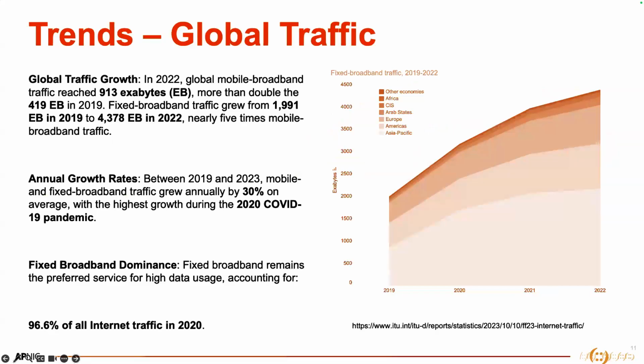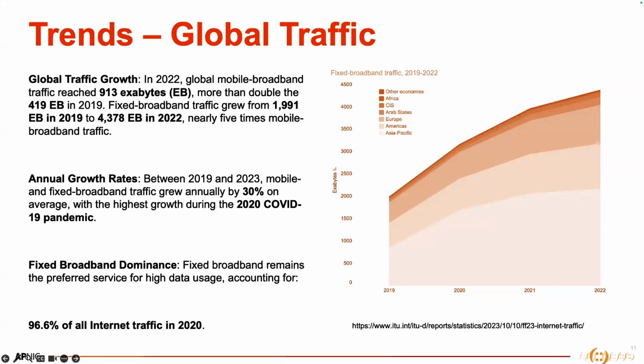Since we are talking about traffic and fiber, if we take a look at the trends of global traffic increasing day by day, we are seeing a huge increment in global traffic in the past couple of years. Around 2022, the global mobile broadband traffic reached 913 exabytes, and fixed broadband went to 4,378 exabytes.